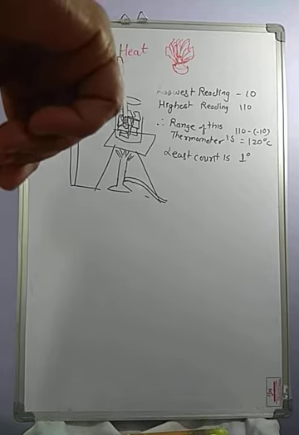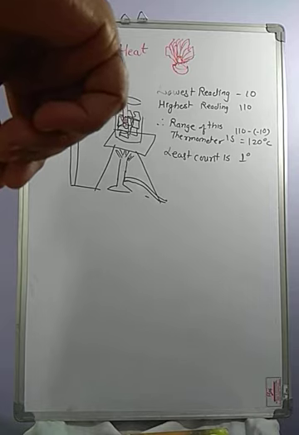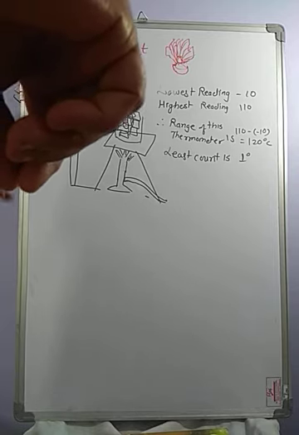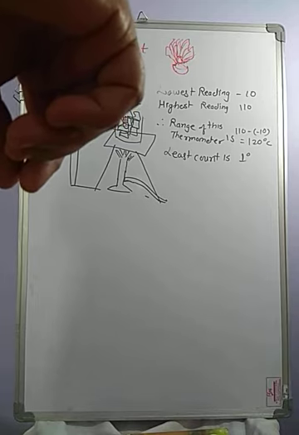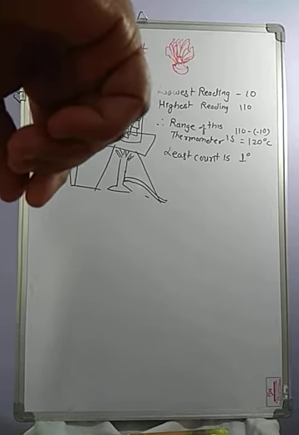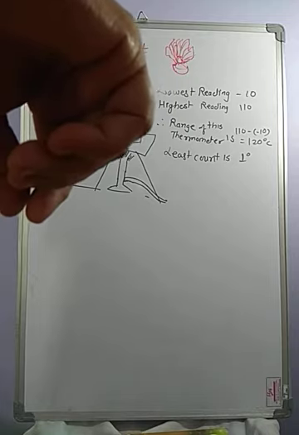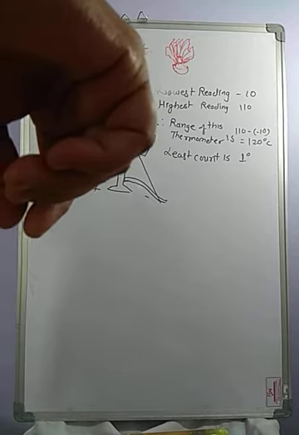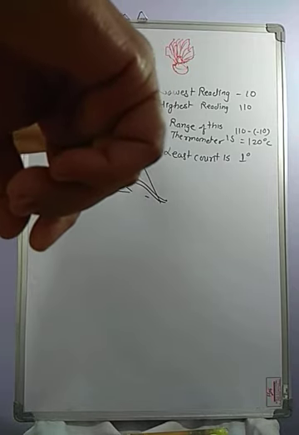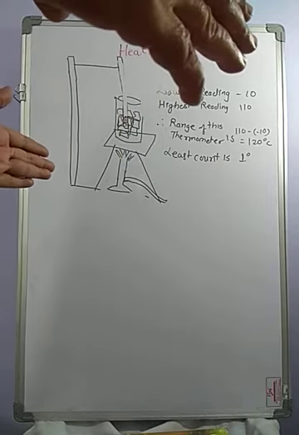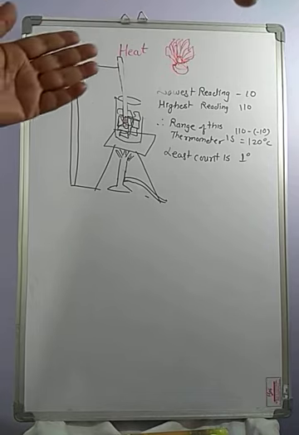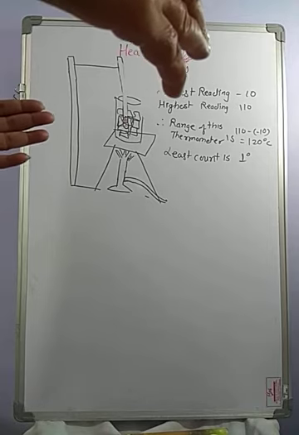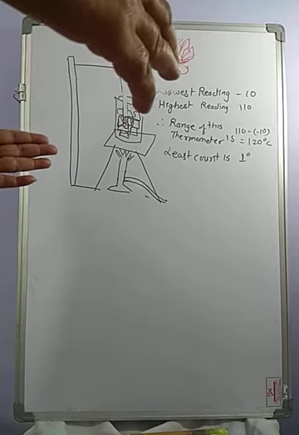latent heat. What is latent heat? The amount of heat required to melt 1 gram of ice into liquid state is called the latent heat of ice. Because if we increase the amount of cubes, we will need more heat to melt it. If we decrease the amount of ice cubes, we will need less heat to melt it.